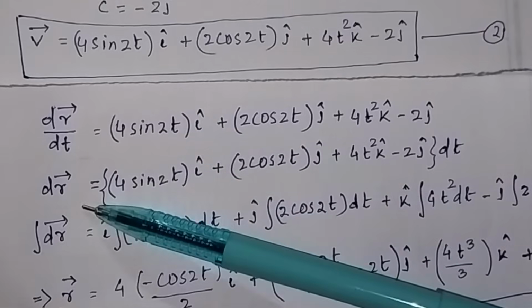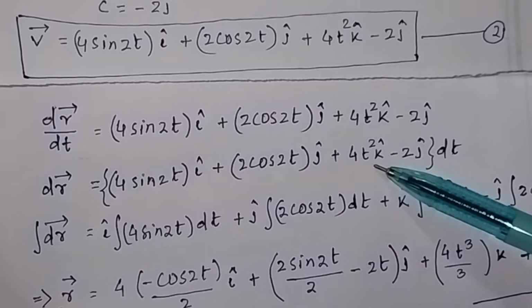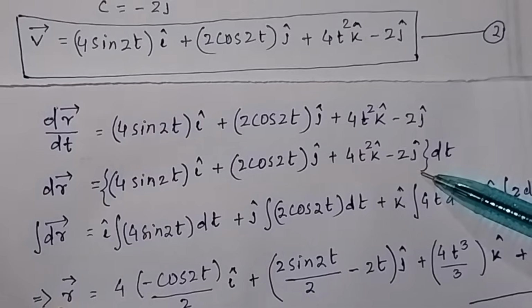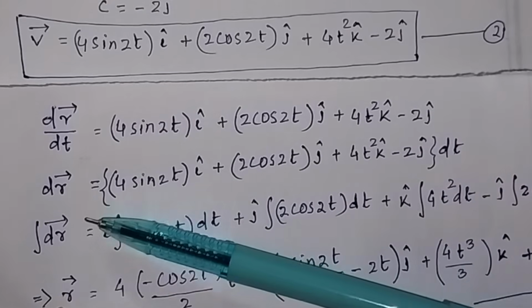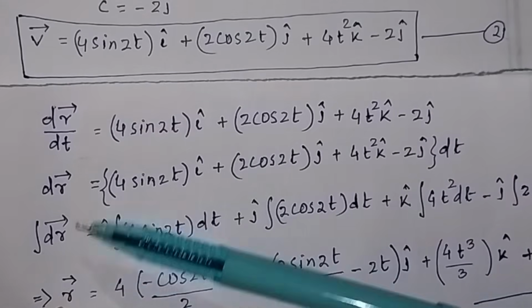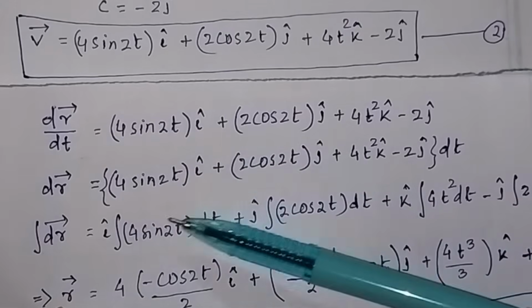This is your vector function. So dr will be equal to (4 sin 2t i cap + 2 cos 2t j cap + 4t square k cap - 2j cap) dt, and integrating both the sides, integration of dr, you have to integrate the individual components of the vector function.